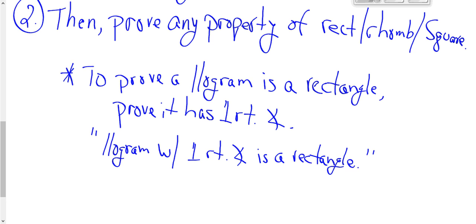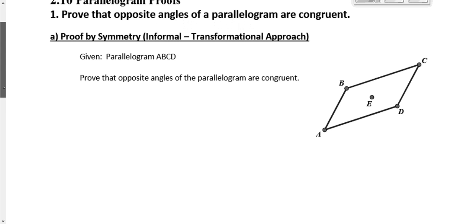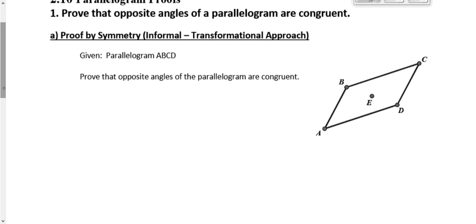All right, so let's go back here. So an informal proof, right? So what are we given? Just as a hint, it's probably after the word given. What are we given? So it's parallelogram, and what do they want us to prove?